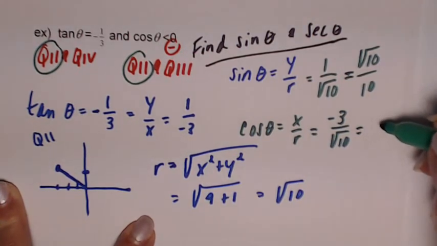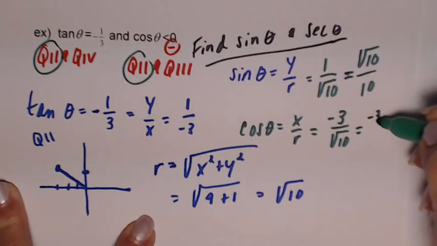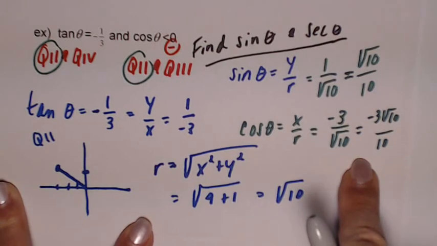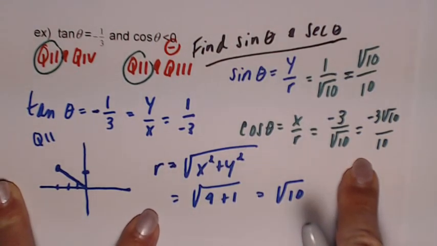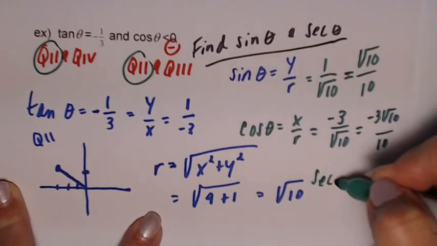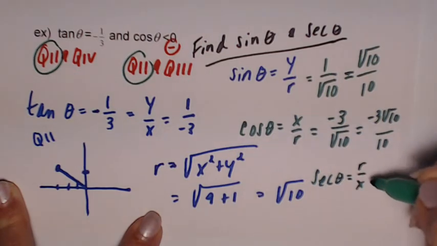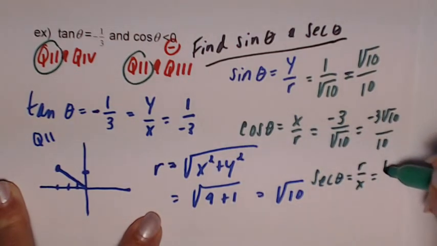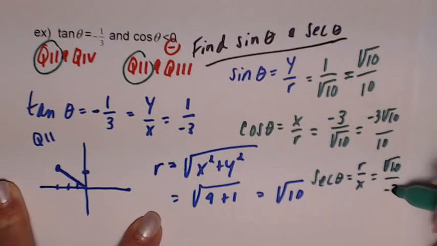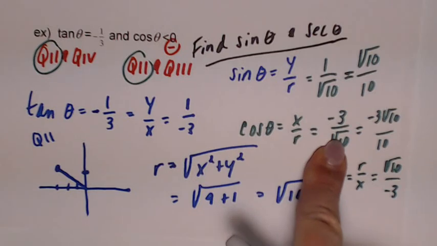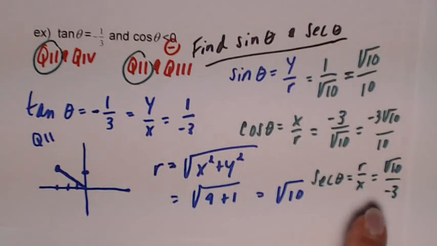Rationalizing it, we have -3 square root 10 over 10. And that would be our cosine. But we don't want cosine. We want secant, which is the reciprocal of this. So secant of theta, we could think of it as r over x. And this would be square root 10 over -3, which you can see is just that flipped. So if it helps you to go to cosine first and then flip it, or if you want to go right to secant, you can.